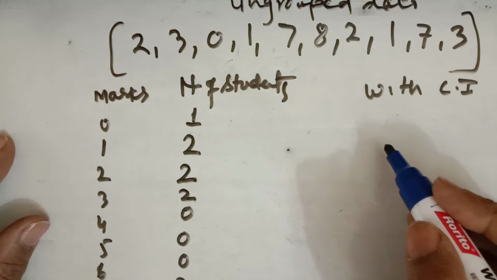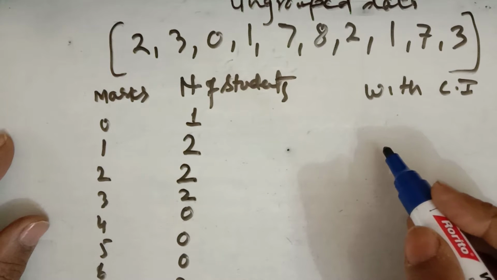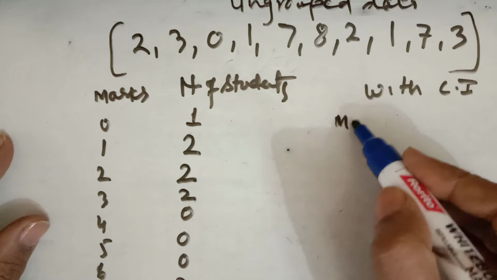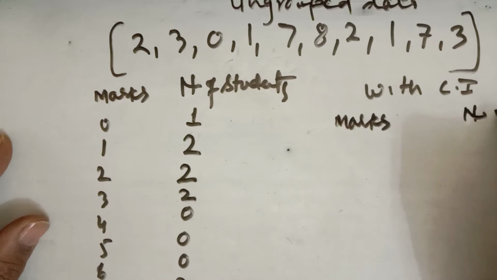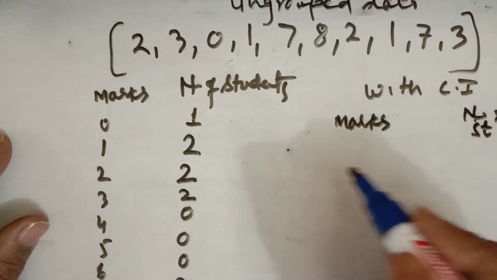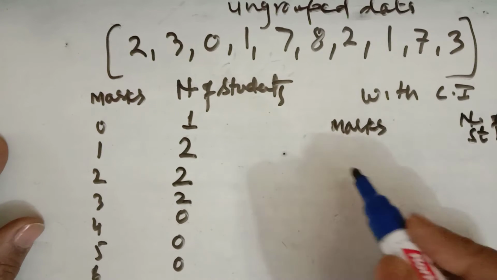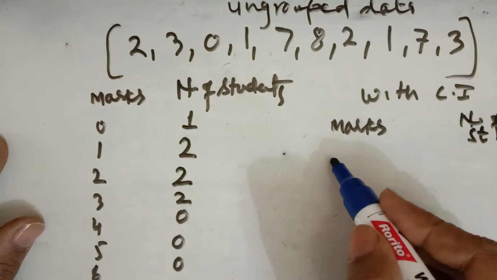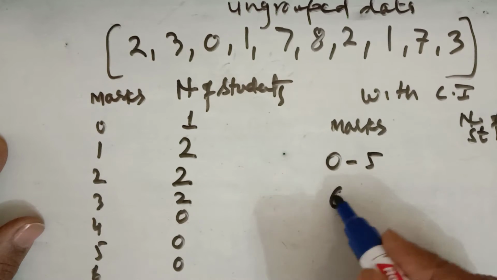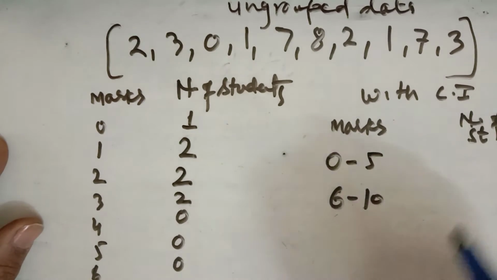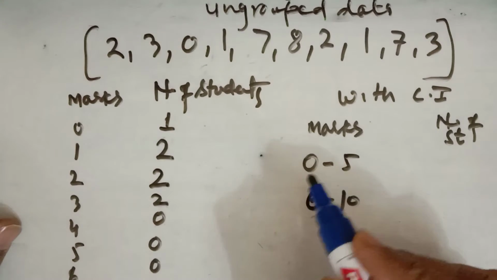Now if I convert into grouped data again but with class interval, I write it like this: marks and number of students. If I take the class interval 0 to, let us say, 5, and from 6 to 10, I've taken a class size of 5.